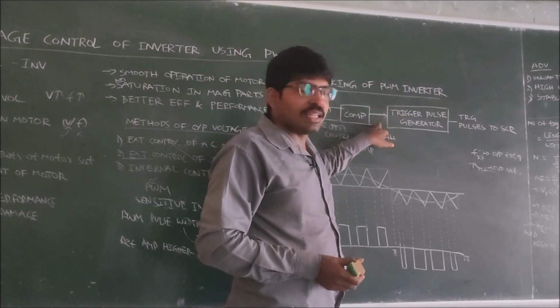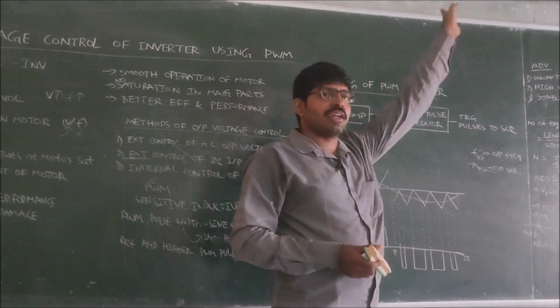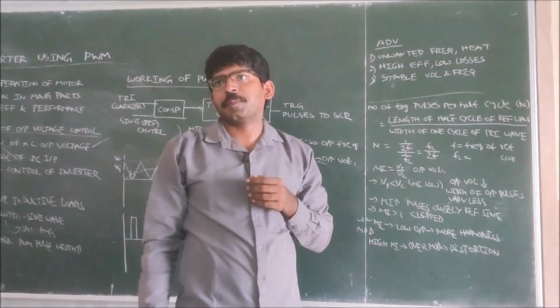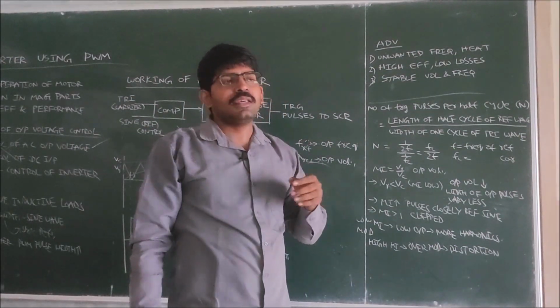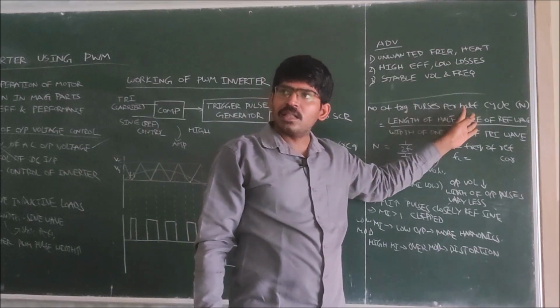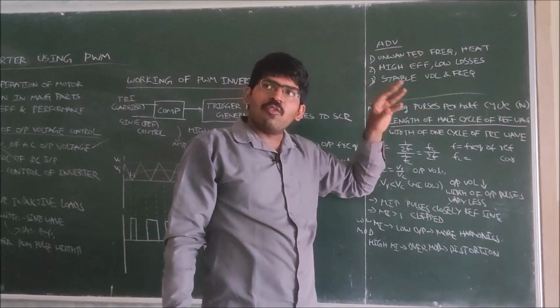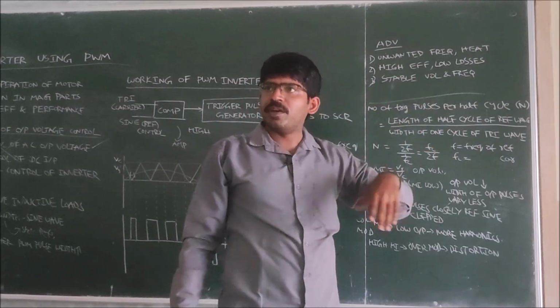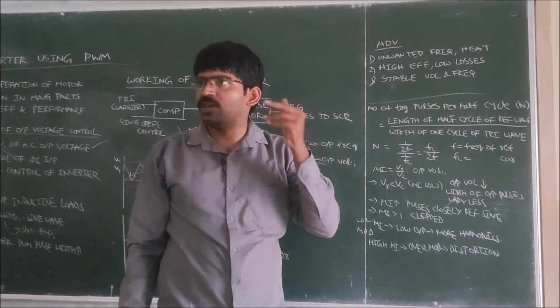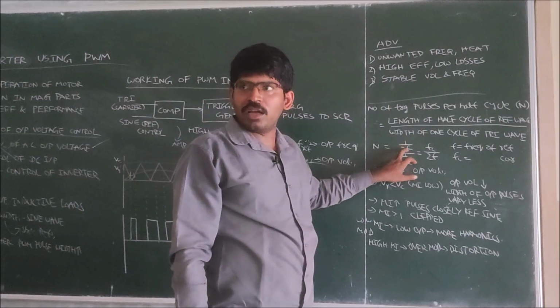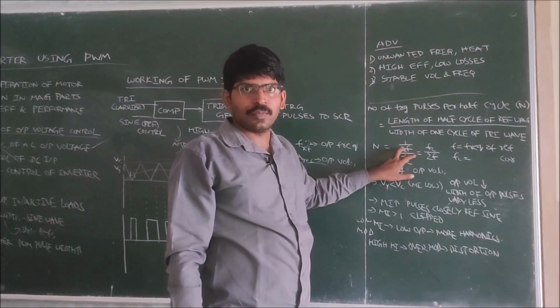Now, by using that, we are generating some trigger pulses. The number of trigger pulses per half cycle depends upon the half cycle length of the reference wave, which is our sinusoidal signal, the half time period. Time period is 1 by f, so half time period means 1 by 2f.